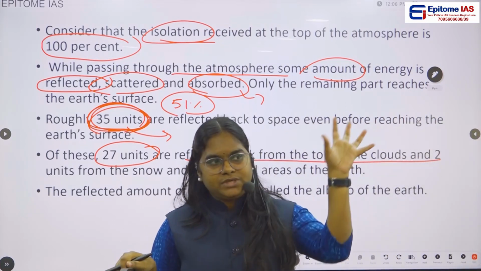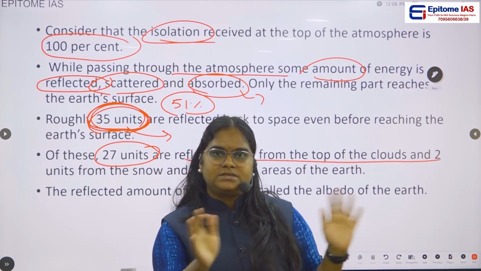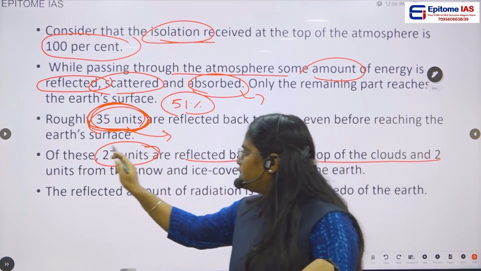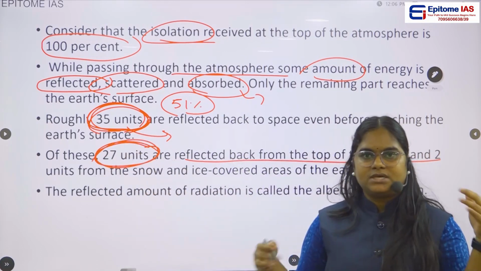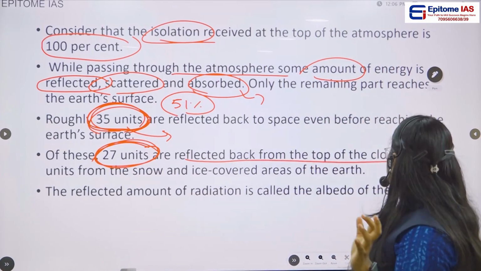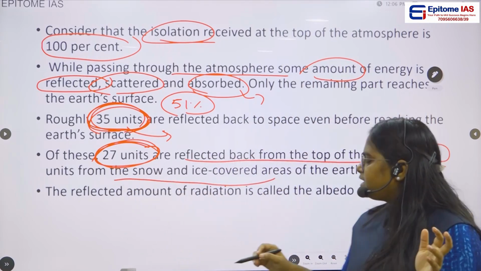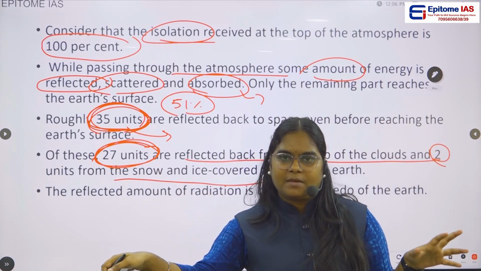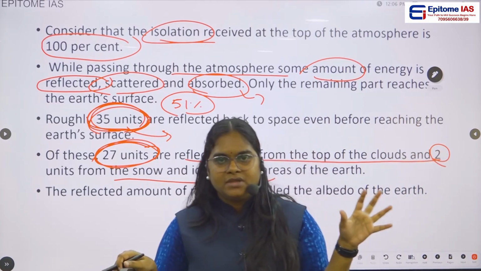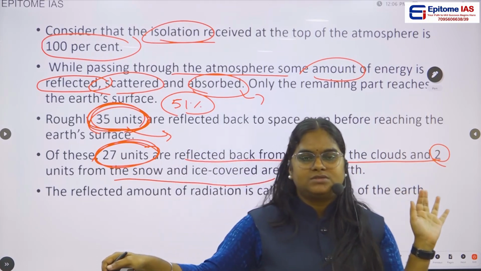That's why during the daytime when there is presence of cloud, you will experience it is somewhat colder on the Earth's surface. Because around 27 percentage are directly reflected back by the clouds, and the remaining 2 percentage are reflected back by the snows and the ice caps. Though ice caps and snows are present in the polar region, they are actually reflecting back the incoming solar radiation.